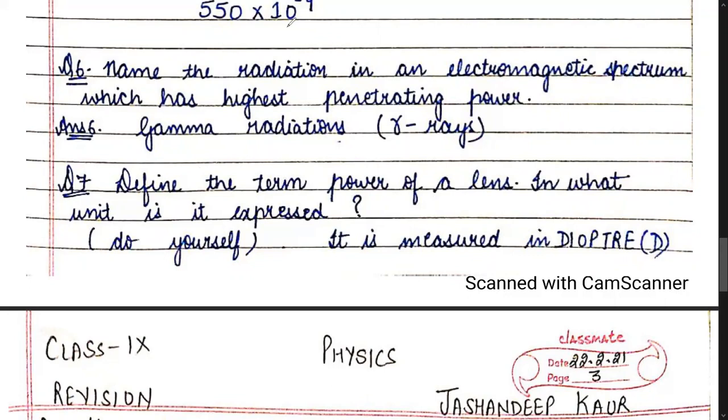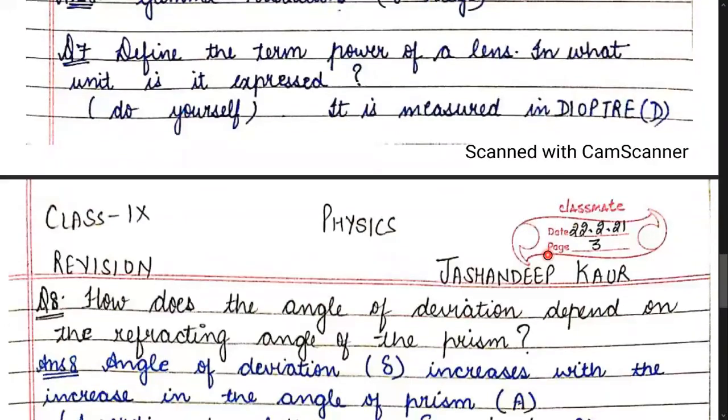So the next question, question number 7, is, define the term power of a lens and in which unit it is expressed. Now children, the definition you'll write down yourself.